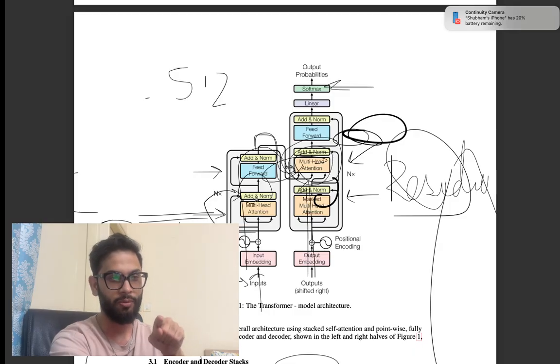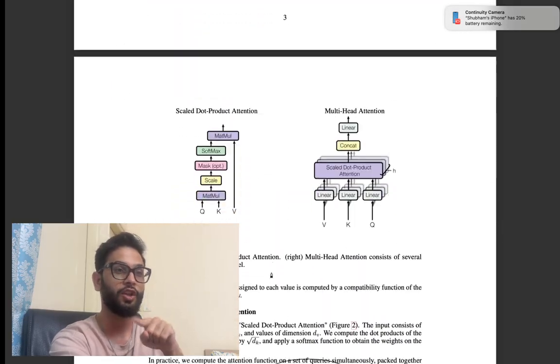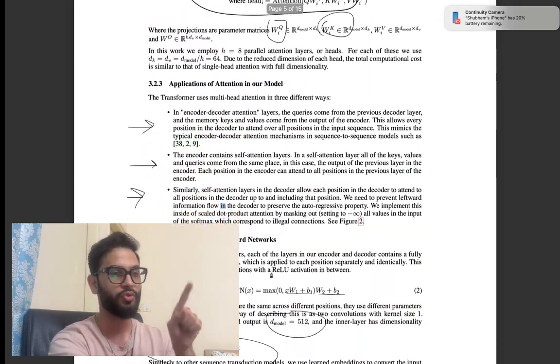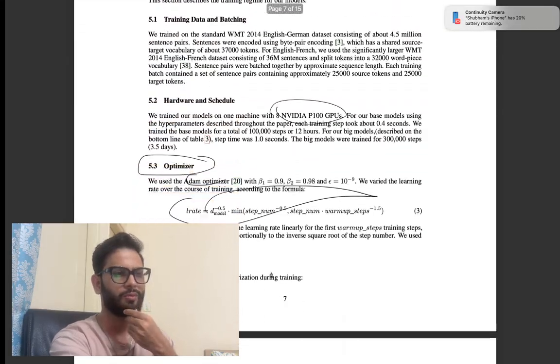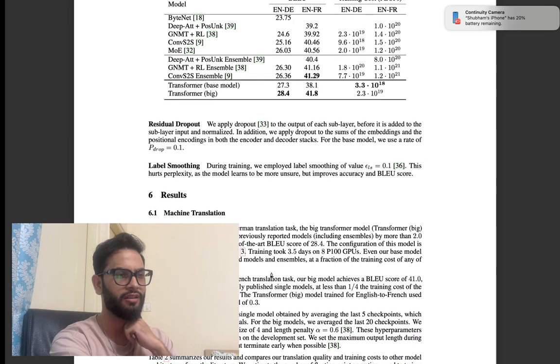This adding and normalizing also contains a step of dropout, which is not mentioned here. In the repo, in the code, I will show you where I have used dropout as per the paper. Dropout is just a regularization technique, and then we have label smoothing as well.